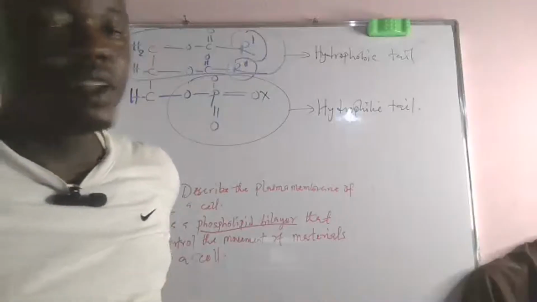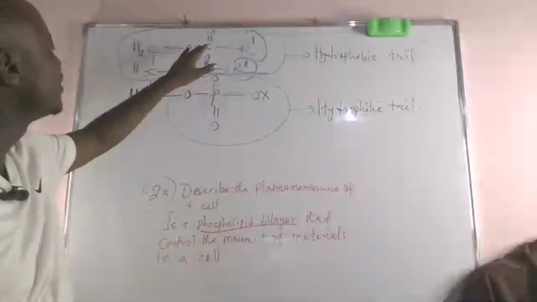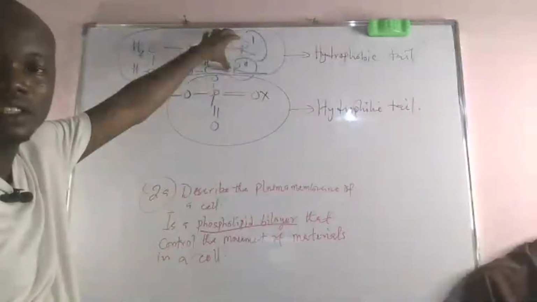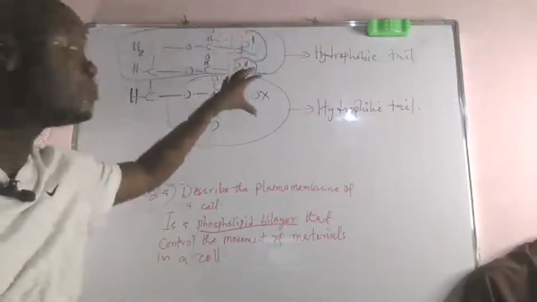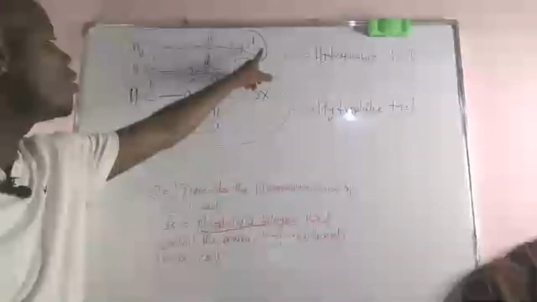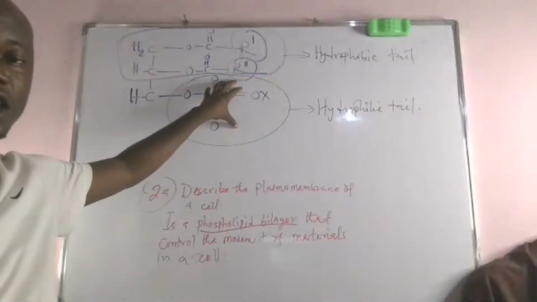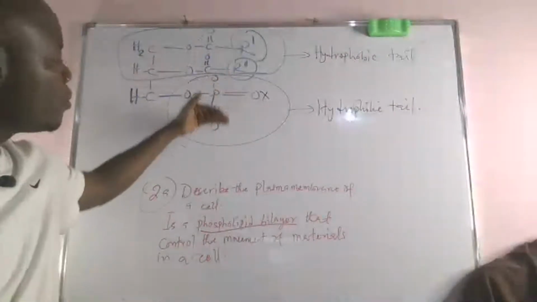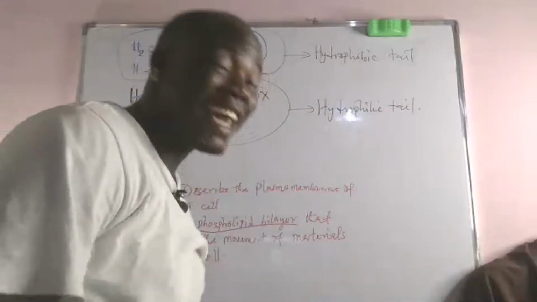Okay. So now what I'm saying is this is what the structure of a phospholipid looks like. It has two other side chains, R1 and R2, and we have the phosphate group attached here. The part with the phosphate group is the hydrophilic head.